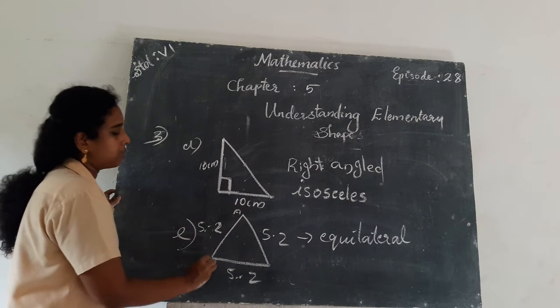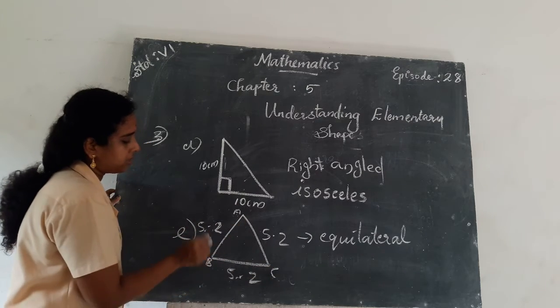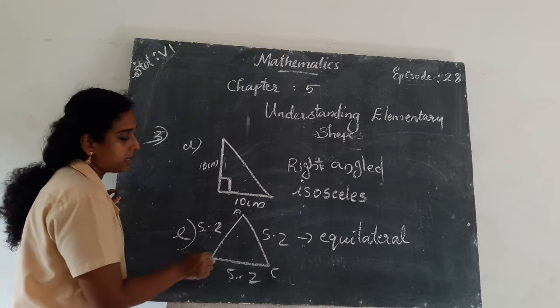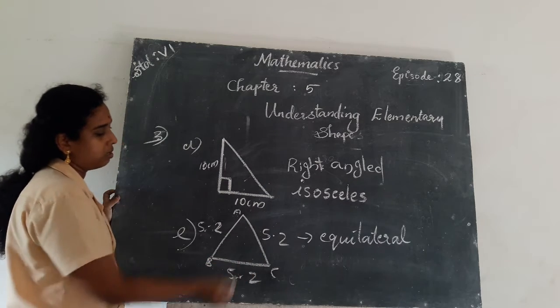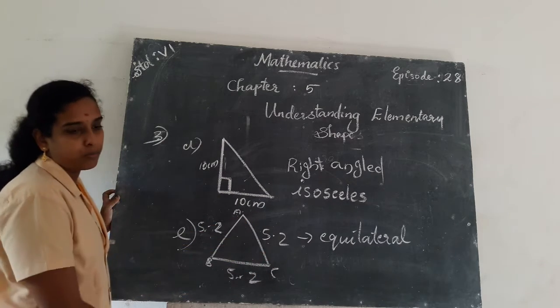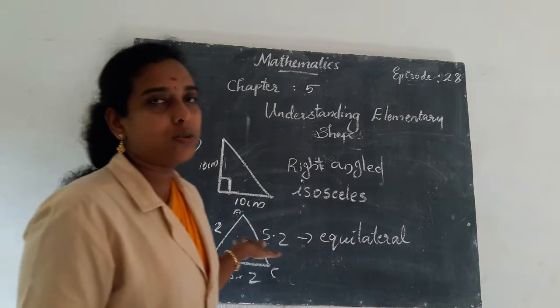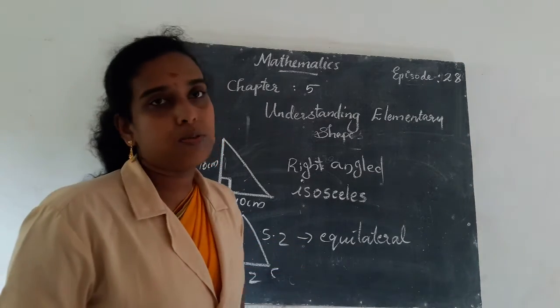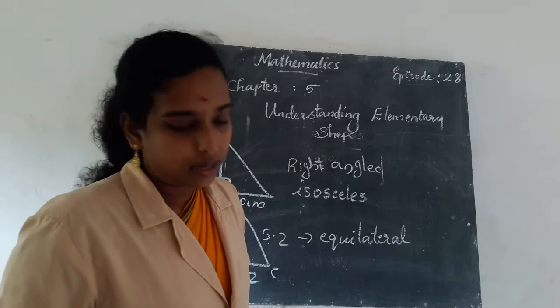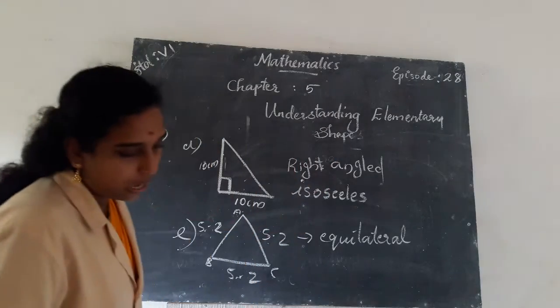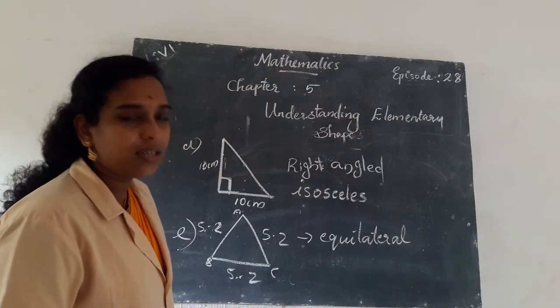If we name the triangle ABC, then AB is equal to 5.2 centimeter, BC is equal to 5.2 centimeter, and AC is equal to 5.2 centimeter. All three sides are equal, so it is said to be an equilateral triangle. Then it's also an acute angled triangle.